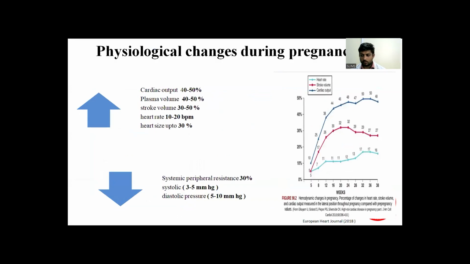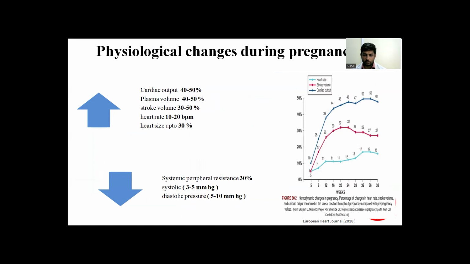When it comes to normal physiological changes, there is an increase in cardiac output by 40 to 50%, along with an increase in plasma volume by 40 to 50%, and an increase in stroke volume by 30 to 50%. There is also an increase in heart rate by 10 to 20 beats per minute, and heart size up to 30%.